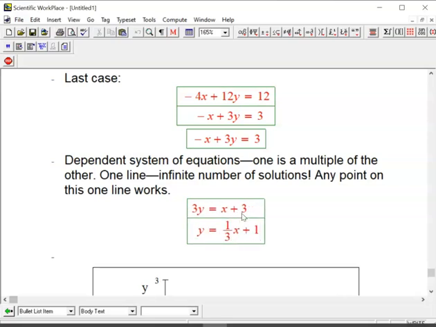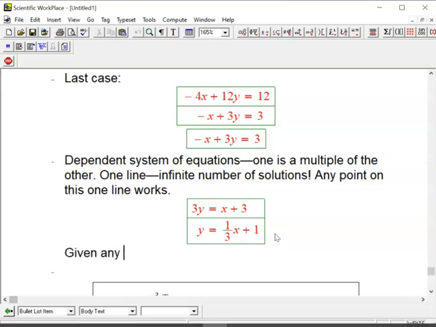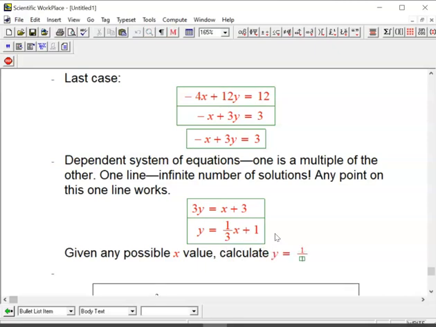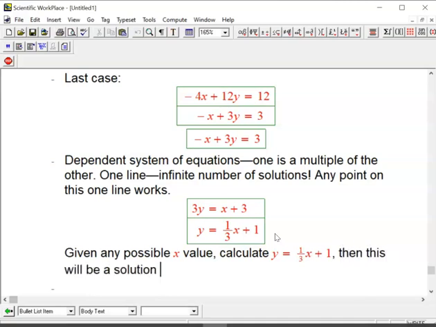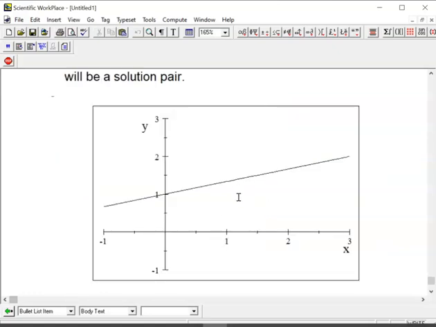That makes it more definite. It says, given any possible x value, calculate y as 1/3 of that x value plus 1, and this will be a solution pair. And because it's any possible x value, you're going to get an infinite number of solutions, everything along that line.